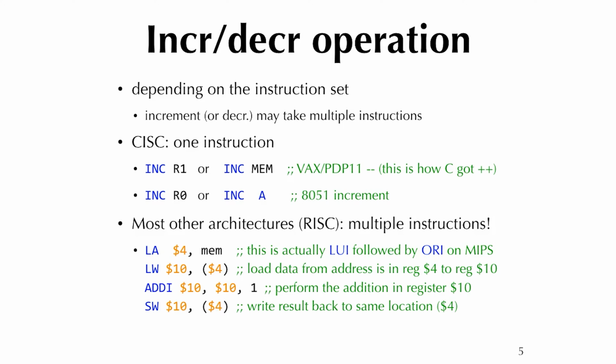So it loads the address into a register. But really, it's not the full address. It's only a part of the address. And so it actually does 2 parts. To load a 32-bit address, you actually load 16 bits at a time and OR in the other 16 bits, the upper and lower.